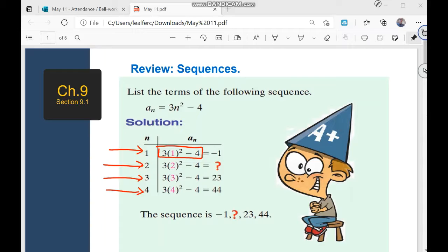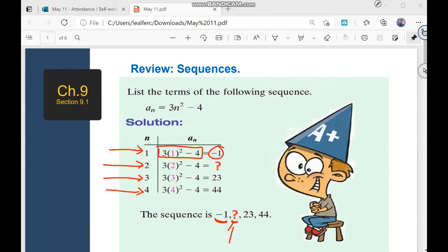3 times 1 squared is 3, minus 4, negative 1. And calculate the second term as well, plugging in n equals 2. Find the third term by plugging in n equals 3 into the formula, and find the fourth term by plugging n equals 4 into the formula. Then we have the sequence. First term, negative 1.